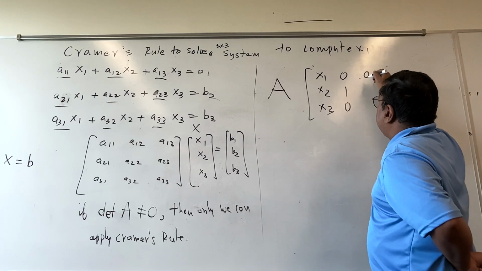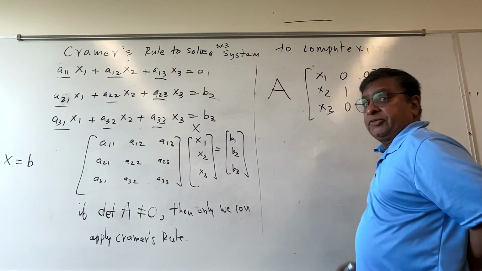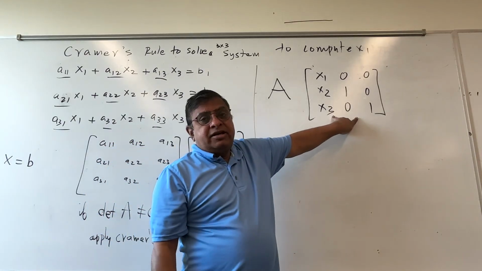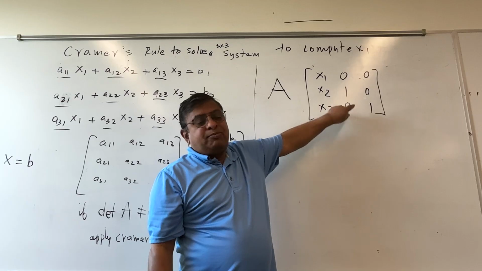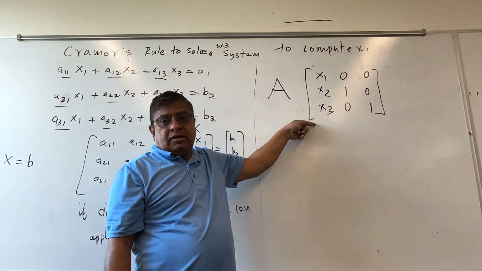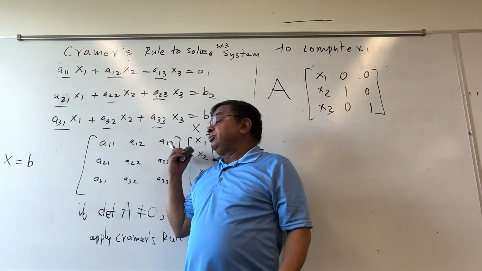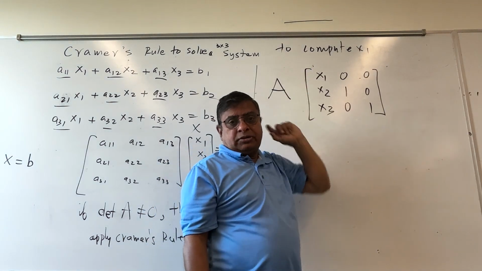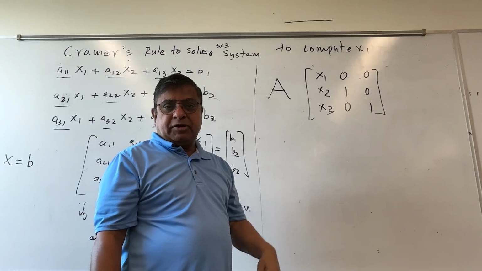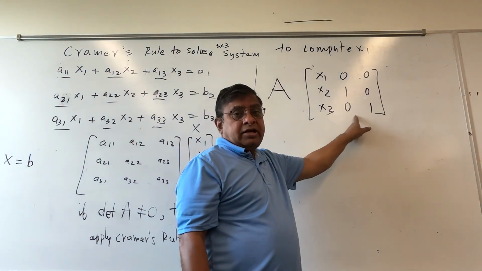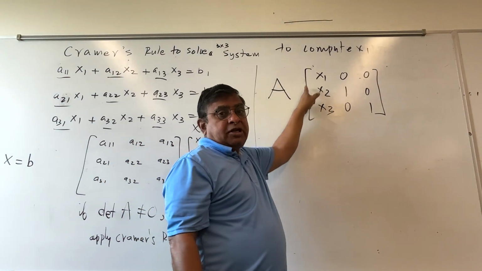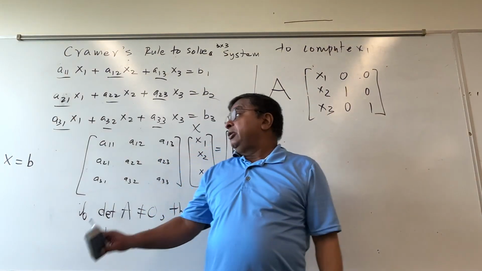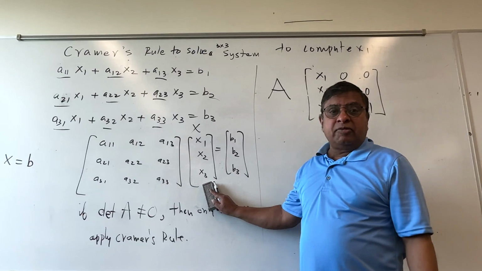In the third column, I write 0, 0, 1. Okay. In other words, I take the identity matrix here and replace the first column by the variable vector if you're trying to compute x1. Let me repeat that. In the identity matrix, you're replacing the first column, that is 1, 0, 0, by the variable vector.